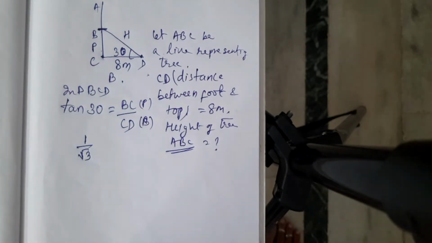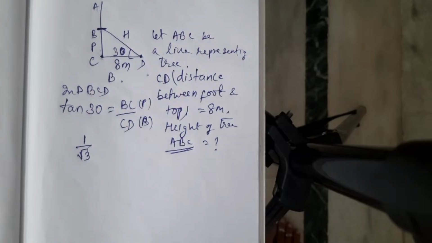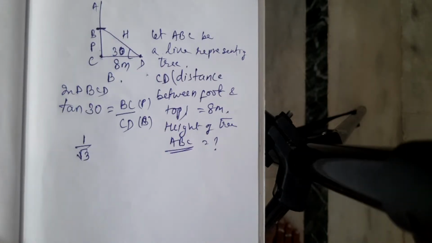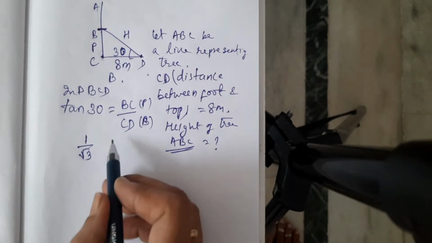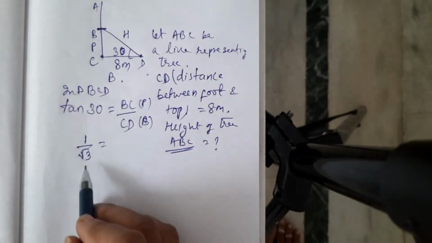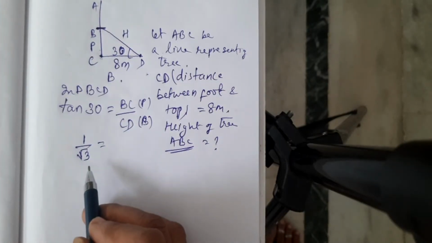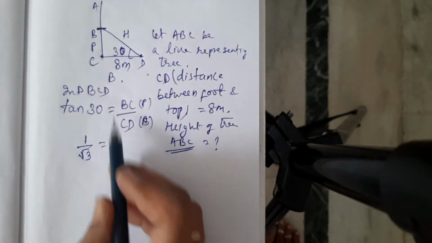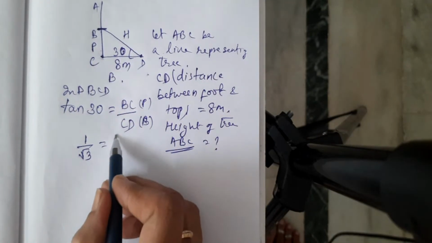In this chapter, very frequently we are going to get tan 30, tan 60, sin 45, sin 30, sin 60. So these are the important values which you must learn very perfectly, so that they are going to be frequently asked. So here I replace tan 30 with 1 by root 3. Now BC is question mark that we don't know.